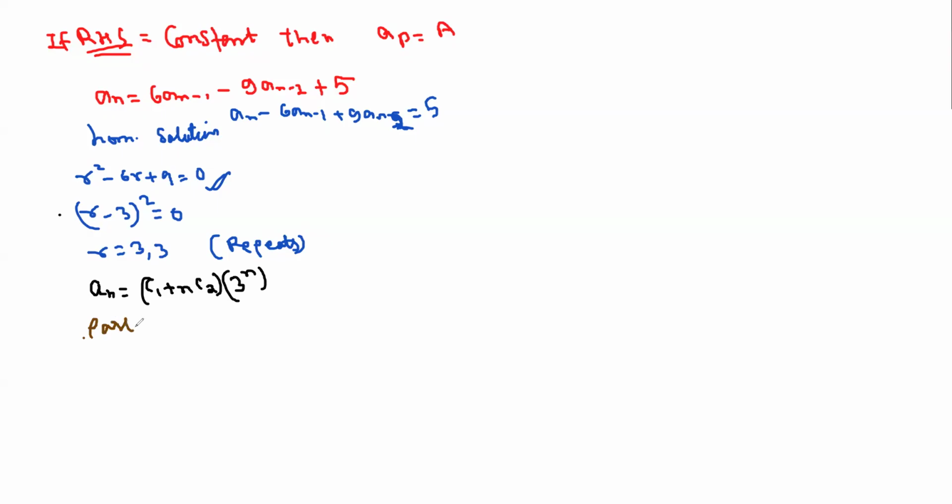Now you will find what? Particular solution. For particular solution, right hand side is what? Constant. Constant means 5. Right? Then what do you do? AP will be any constant A, right?